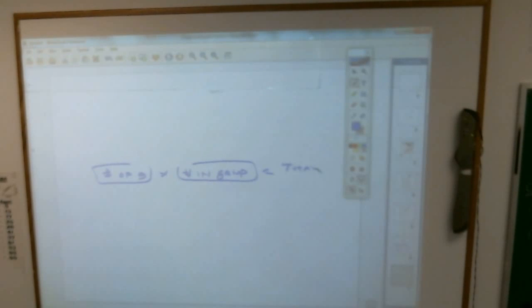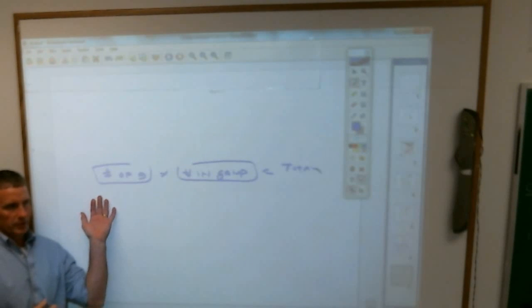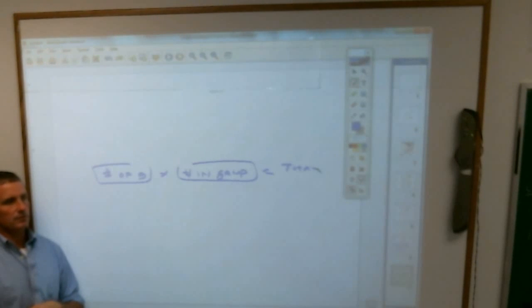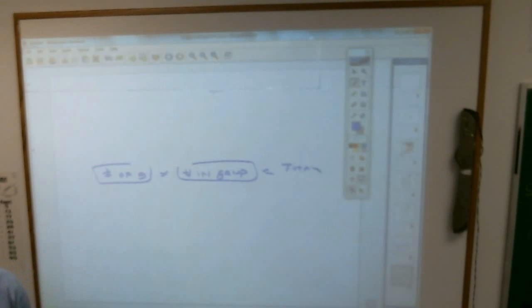Now, in that problem, this is not quite as obvious. What is the word that's used instead of groups? And what are the nouns in the problem? Looks like the nouns would be tickets, and I suppose cost, dollars, if you put $95 there.